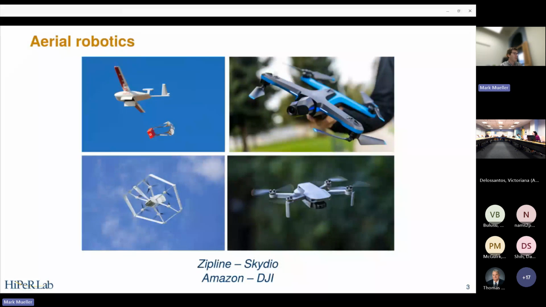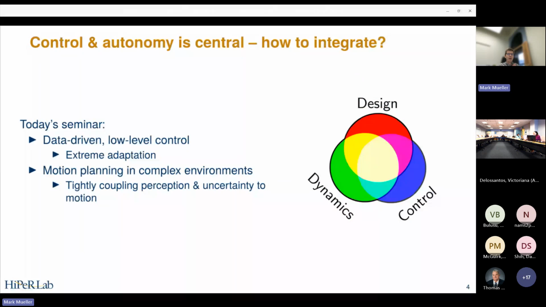And of course, we see aerial robotics is another really exciting domain, which I think has already transformed the world. Some of it in somewhat depressing forms if we read the news, but I would prefer to focus on the more exciting things. Thinking here of things like Zipline with their life-saving blood deliveries or package delivery, or just things like photography, inspection, etc. So in all of these, I think what is really pushing these capabilities is autonomy and control.